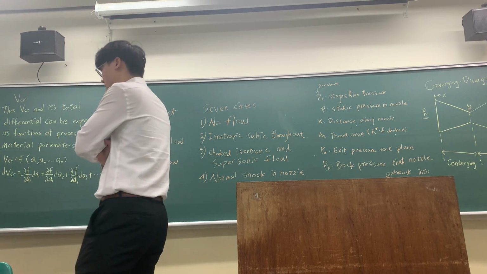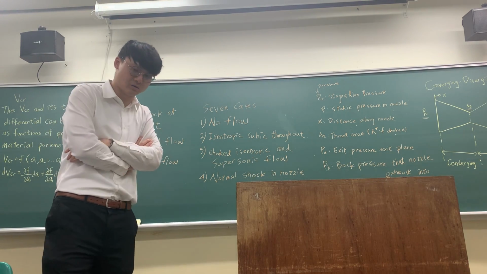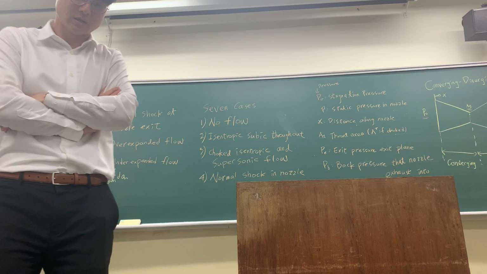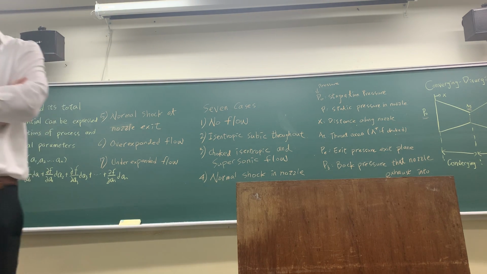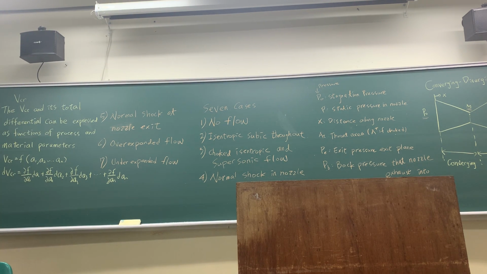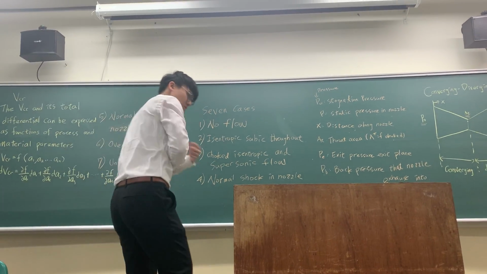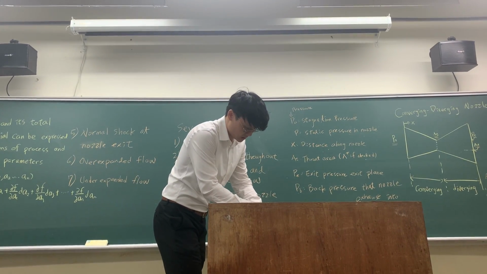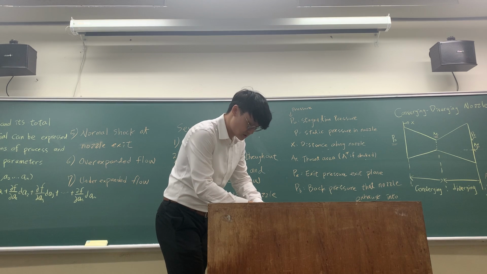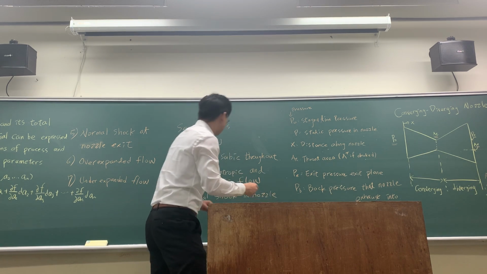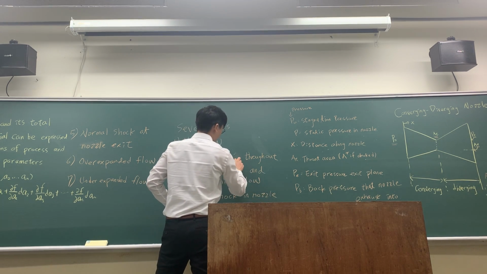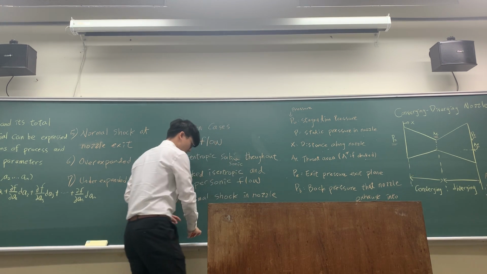All right, good. Let's get back to the topic of what I just wrote on the blackboard. What you're seeing right now is a convergent-divergent nozzle, and there are seven cases. Actually, I just realized this is a typo. Let me modify this quickly. So this is subsonic, sonic, subsonic.